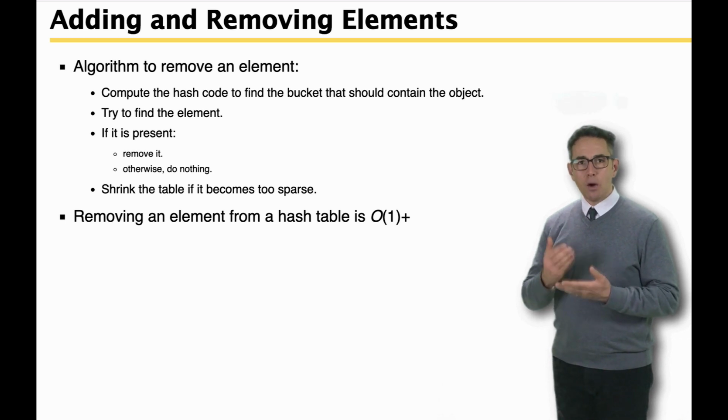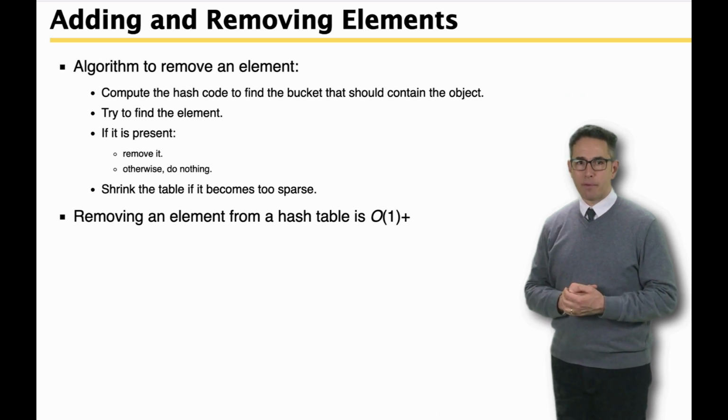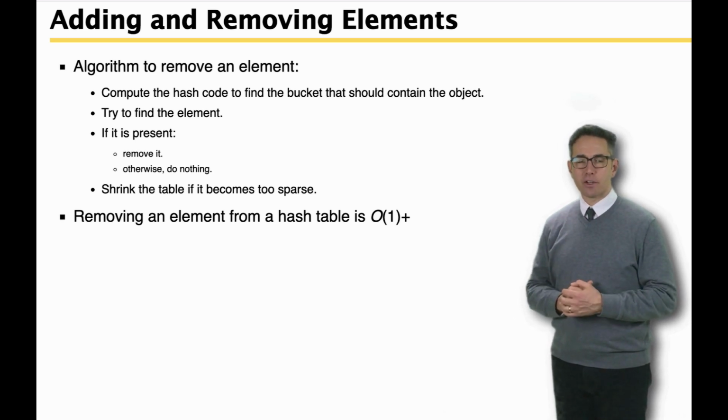Just like we can grow an array, if we remove something, we might also want to consider shrinking the hash table. And shrinking the hash table is an important way in which we bound the running time of this algorithm. So again, just like adding an element is constant time, removing an element is constant time as well, with a little footnote, because occasionally we need to shrink the size of our hash table to keep our operations efficient.